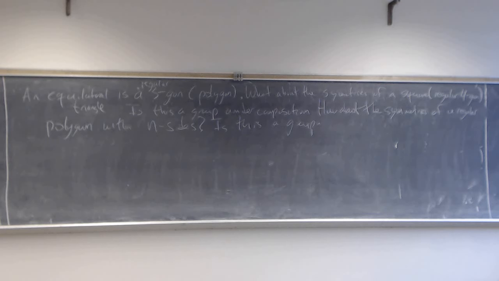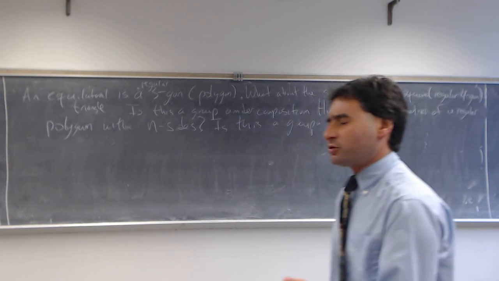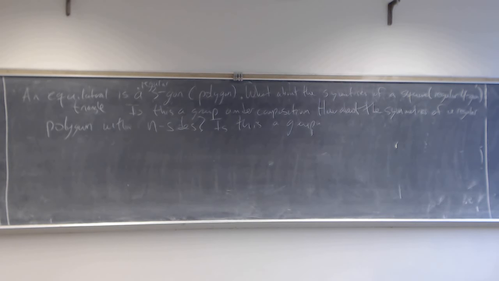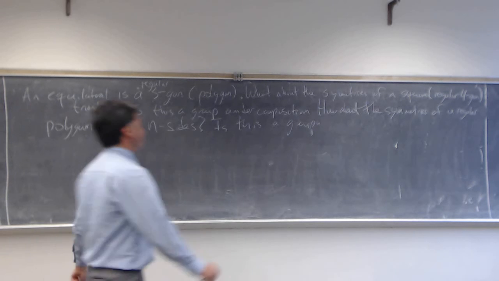So it is a group, with a total of 8 elements. And so you might think a regular polygon with n sides, perhaps the symmetries of that also form a group of 2n elements. n reflections, and then n rotations, counting the do-nothing transformation as a rotation by 0 degrees. So we'll come back to that.